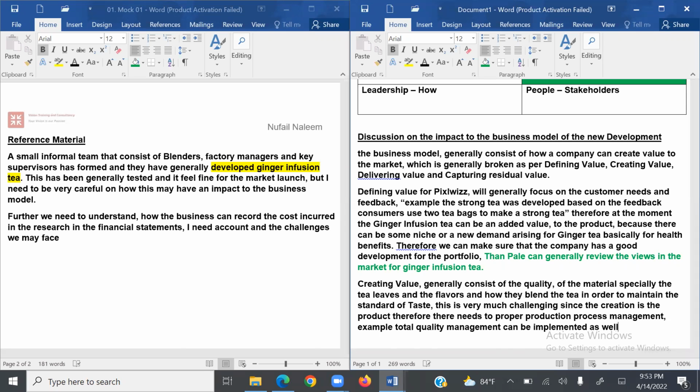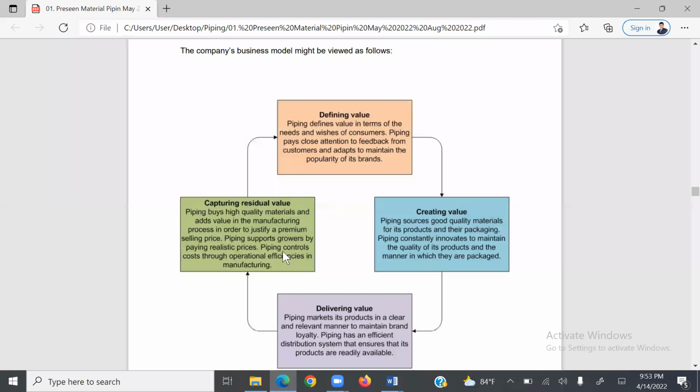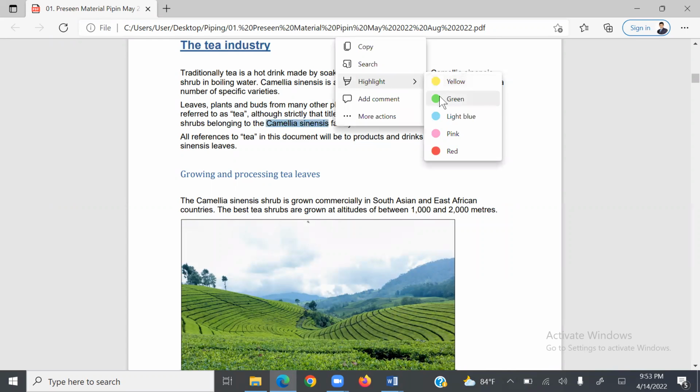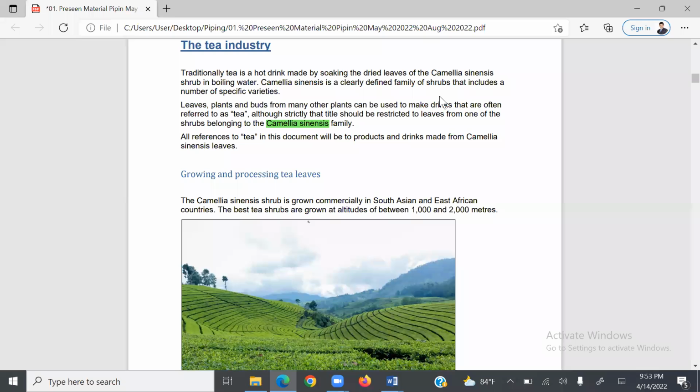as well. Now students, if you are planning to score very high marks in the examination, it's better to mention this Camellia sinensis family. Students, please don't forget it.